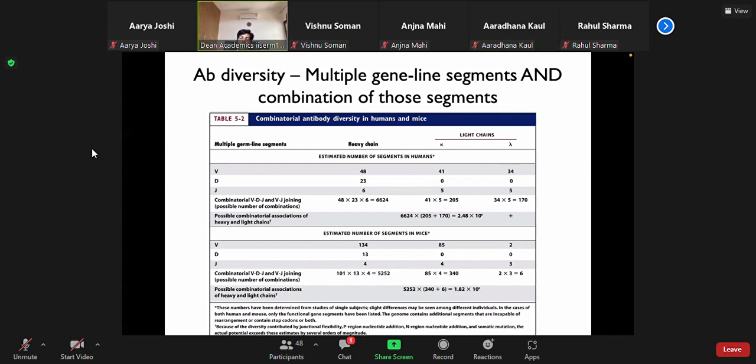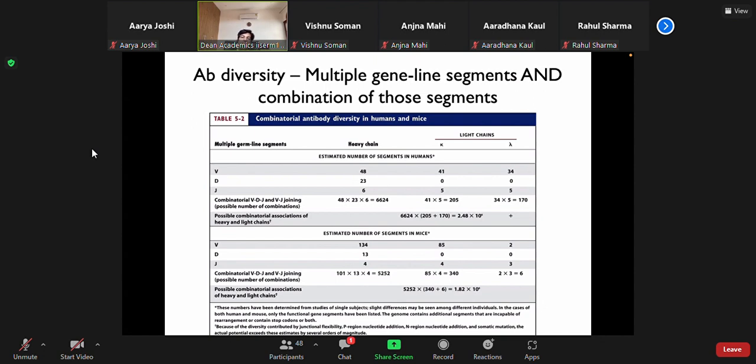See, you are saying that in one cell, it can be either kappa or lambda. But if you talk about the other cell, again, the same combination, either kappa or lambda. So this diversity is calculated on the total number of B cells you are able to generate, and the total number of B cells which express one specific receptor or the other specific receptor.